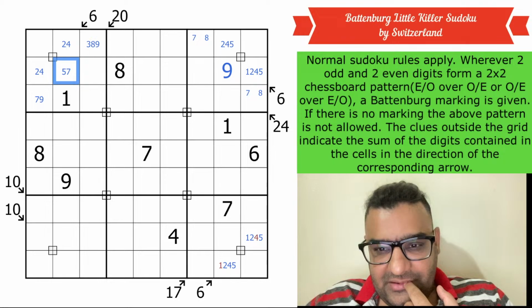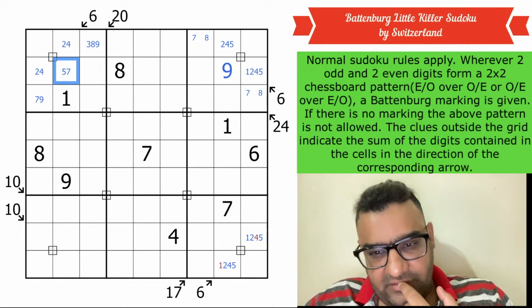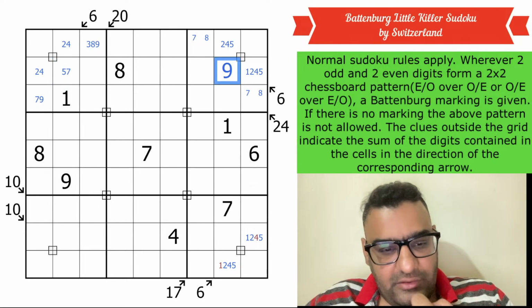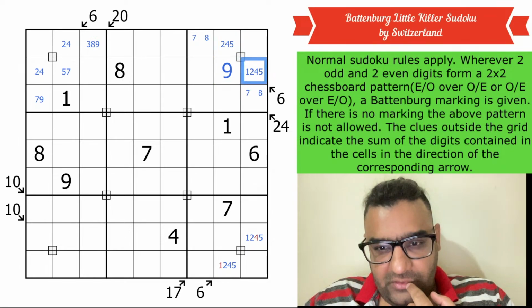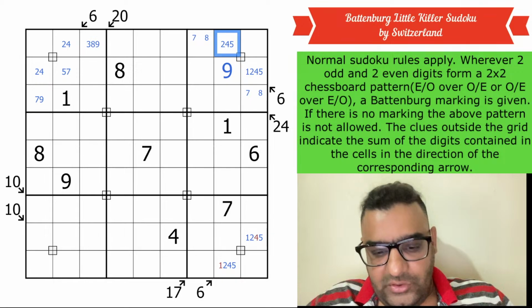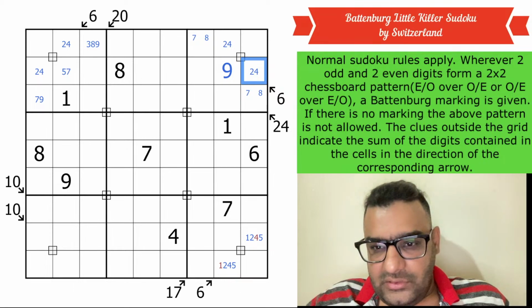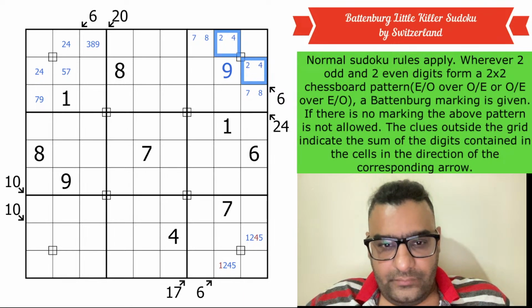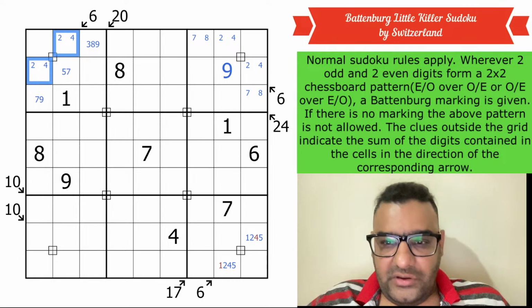Now, we cannot put an 8 here, we cannot put a 7 here. So this 9 is 100% there. So it means this must be an odd number and these two are going to be even numbers. So I am going to remove 5 from here too and 1 from here too. So these two numbers are going to be 2 and 4 and these two numbers are going to be 2 and 4 but in reverse order.